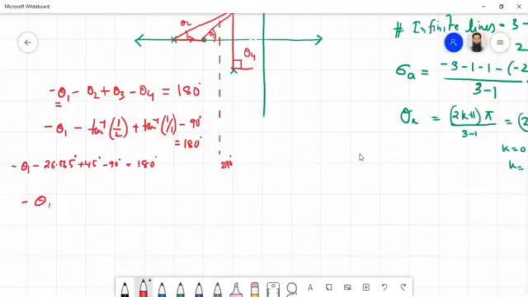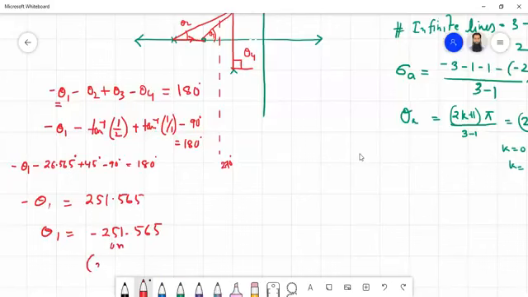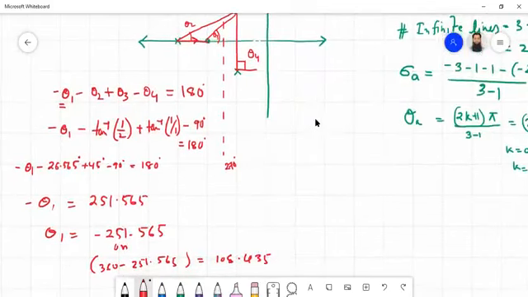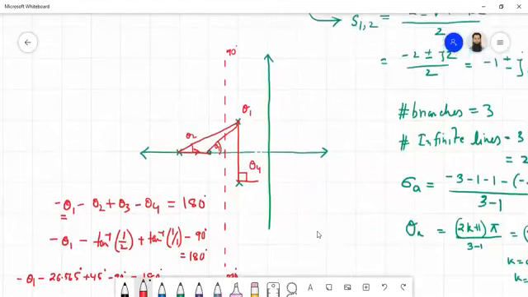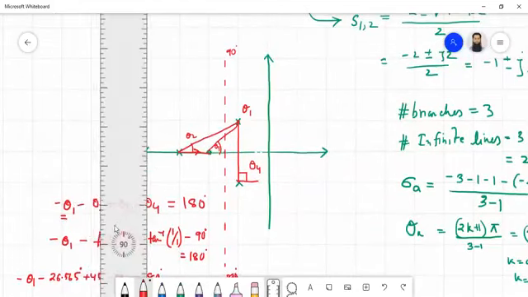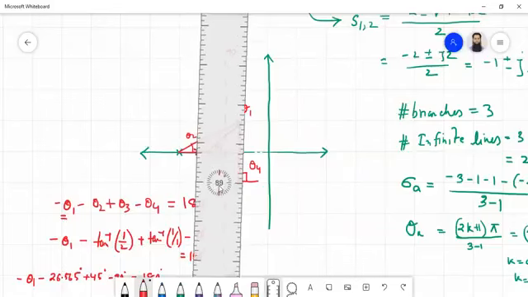So minus theta 1 will be equal to 251.565, and theta 1 is basically minus 251.565, or 360 degrees minus 251.565 will eventually give you 108.435. Okay, so 108 approximately you can say. So we can make it 108.